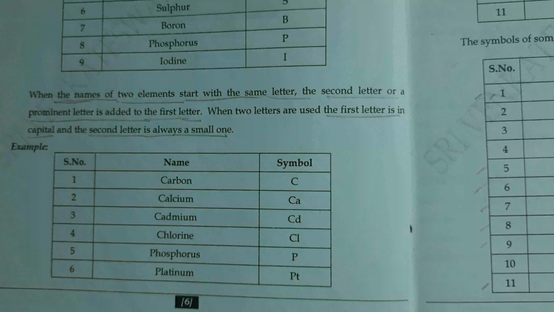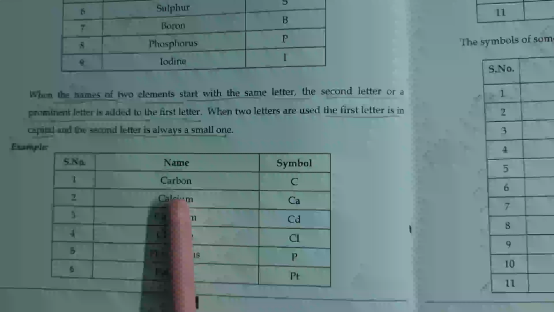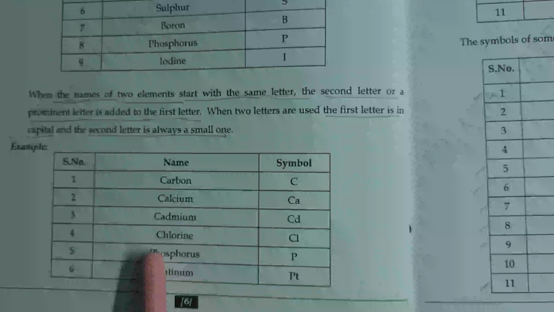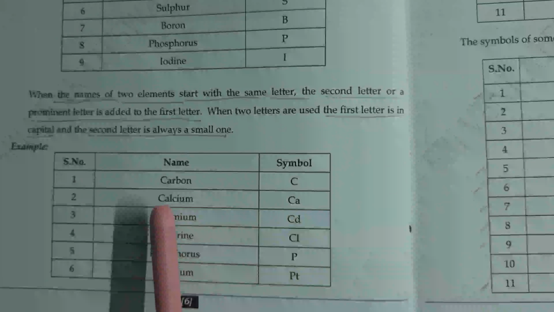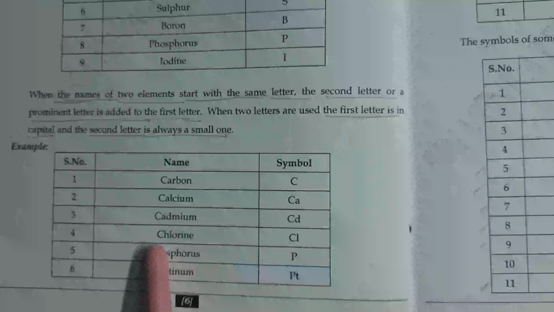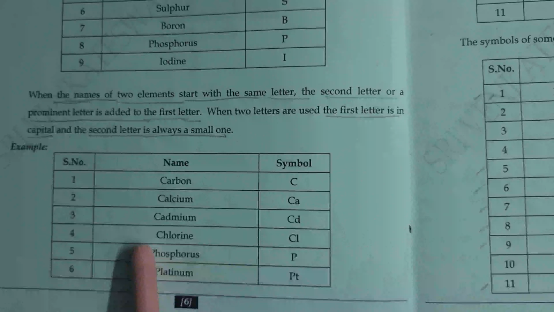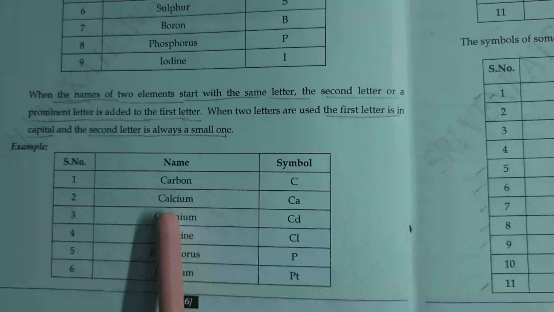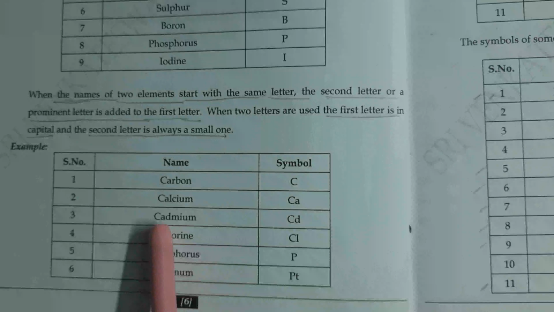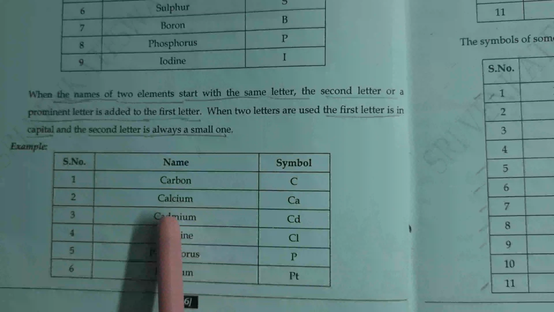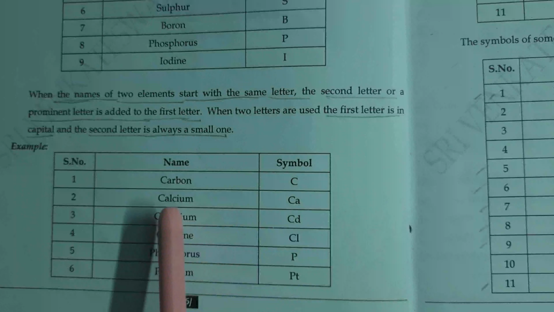Suppose carbon, calcium, cadmium, chlorine: all these elements start with the letter C. Then how can we represent them? A prominent letter, or the second letter, can be taken.